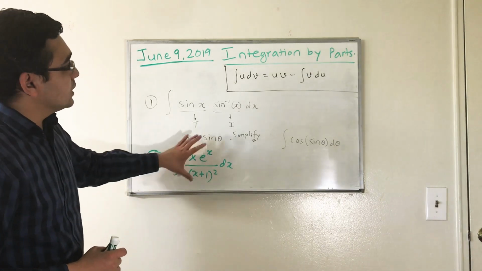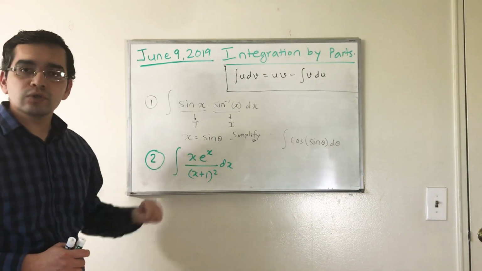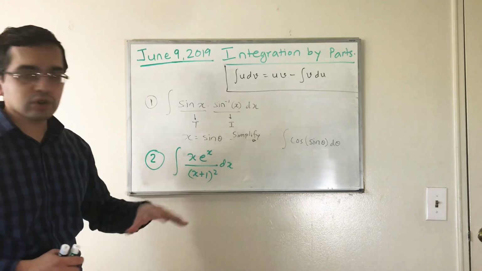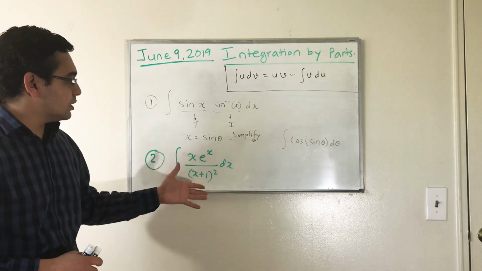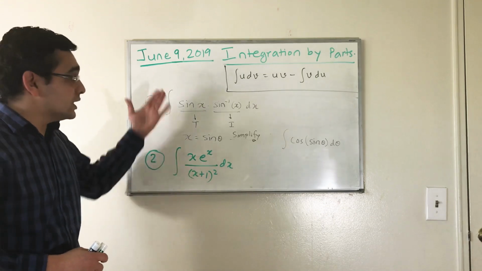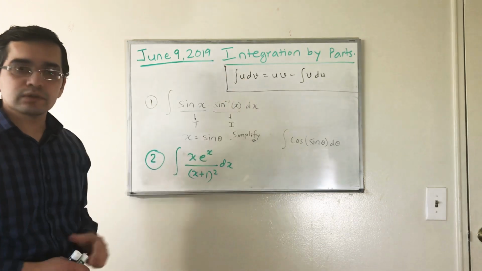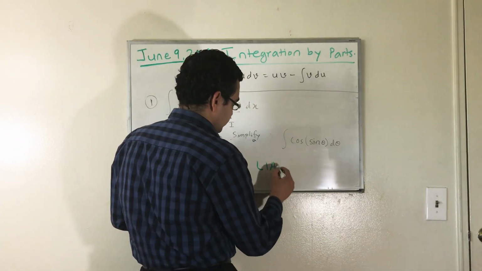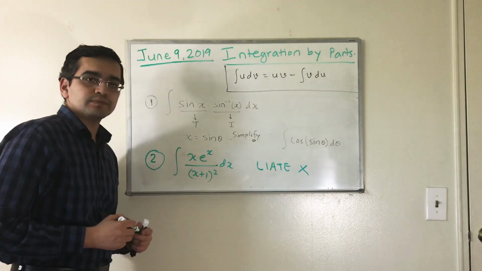In this case, integration by parts is going to work, but the LIATE rule does not work. Once again, I'm not going to show you the steps in this video, but I just want to point out that the LIATE rule does not work in this case. Integration by parts does work.